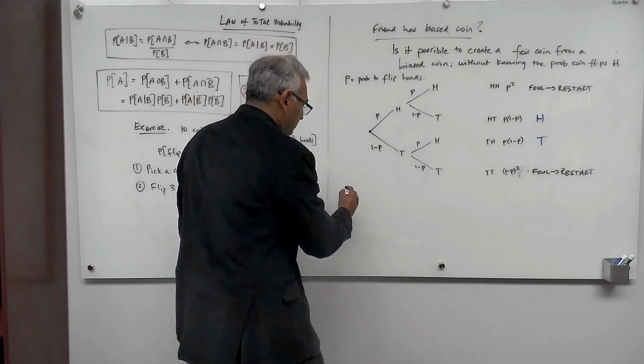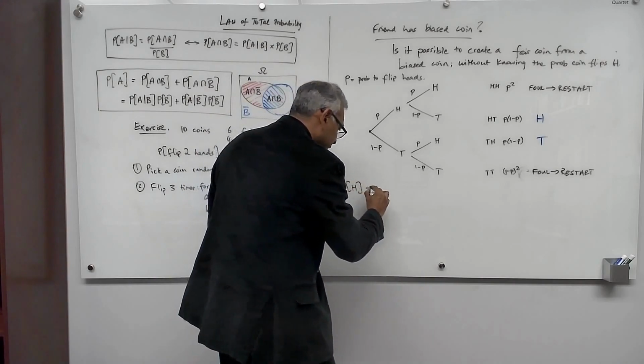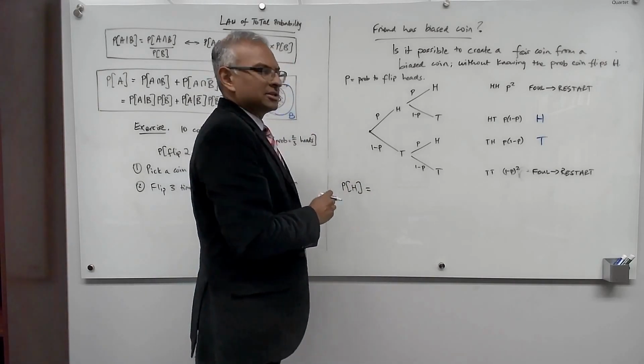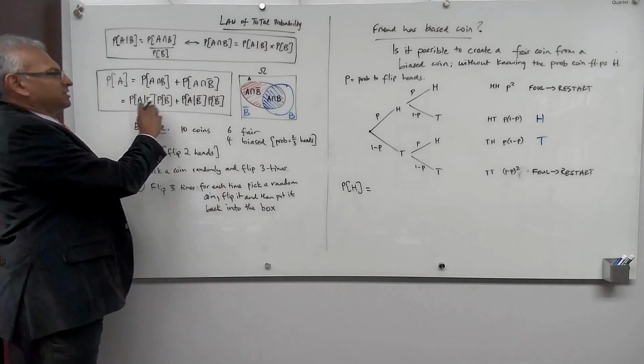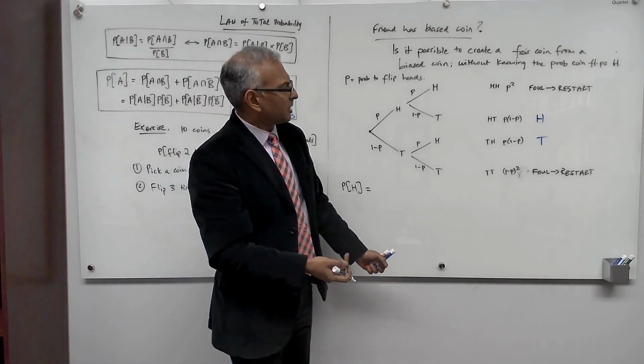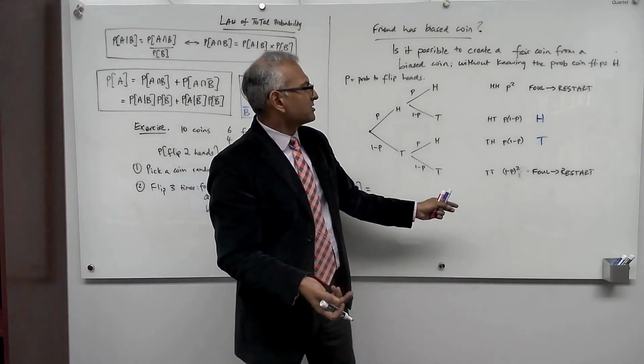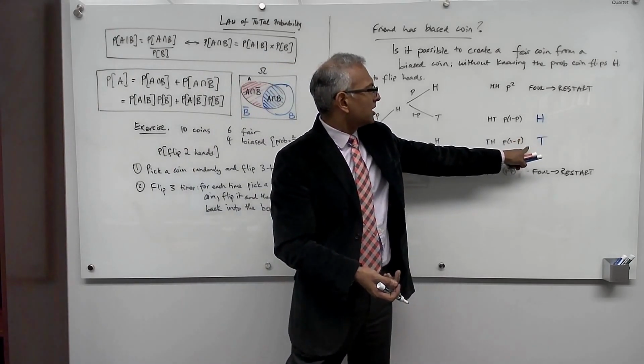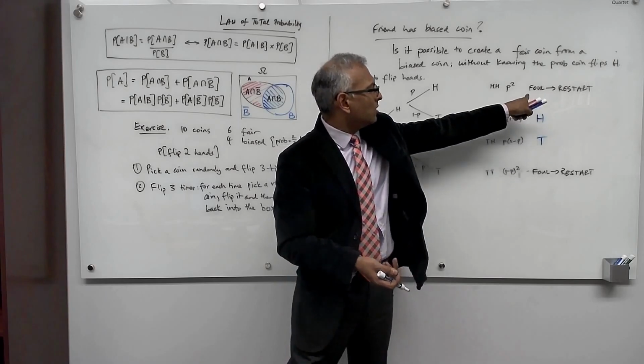So here, the probability of heads is equal to, now it turns out that unlike the standard law of total probability with 2 cases, there are, okay, there are 3 cases. Either you get heads, you get tails after 2 tosses, or you restart.